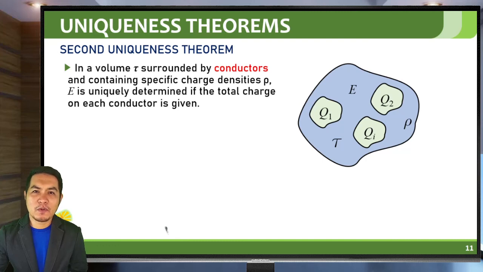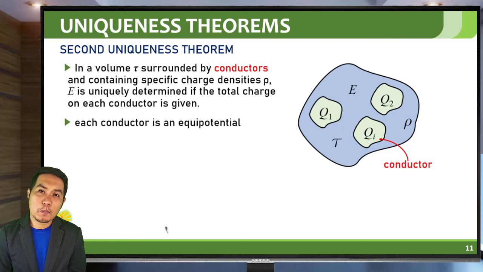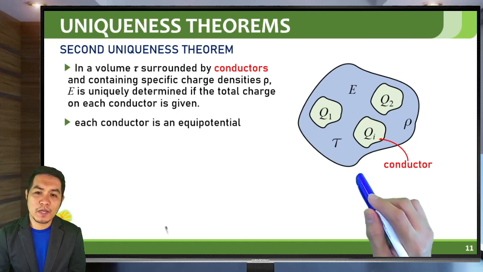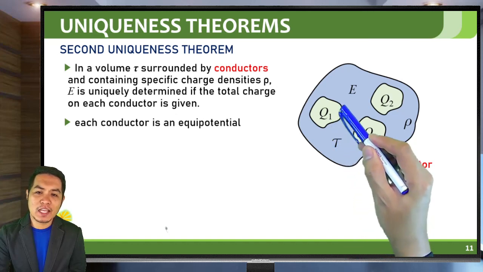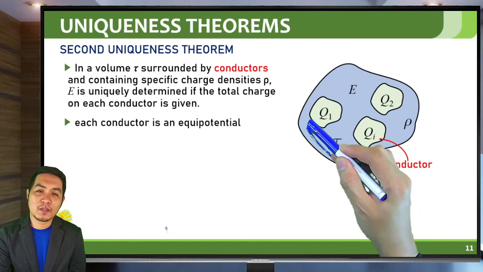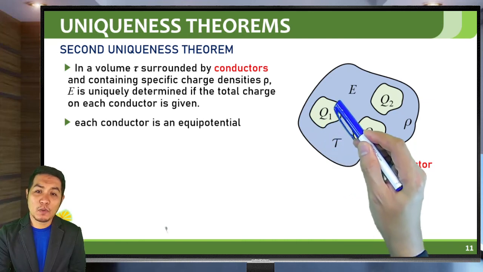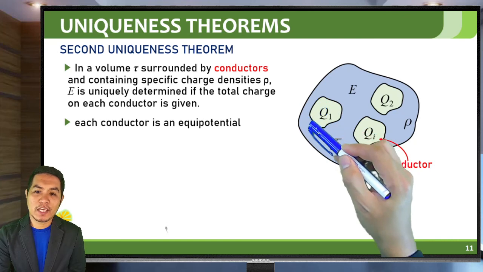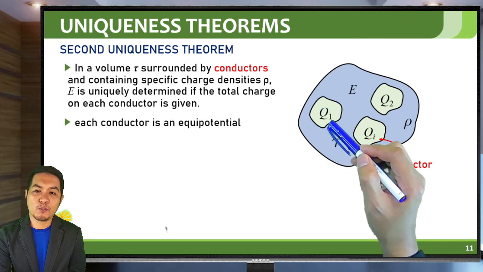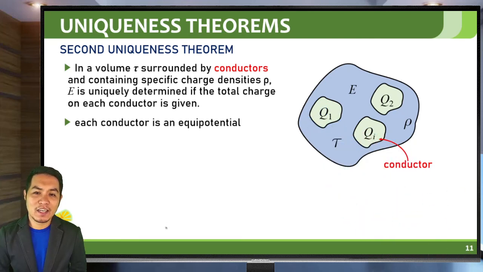Take note that if you are dealing with conductors, surfaces of conductors are equipotential surfaces, which means the potential at the boundary surface of a conductor is equal. So if you take the potential difference between 2 points in the boundary, you will get 0.